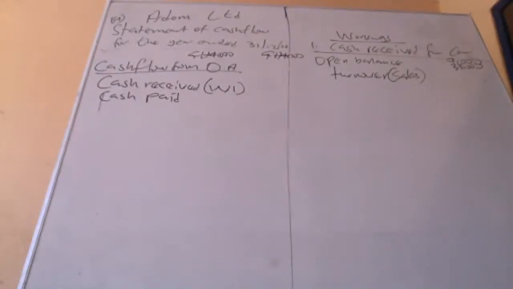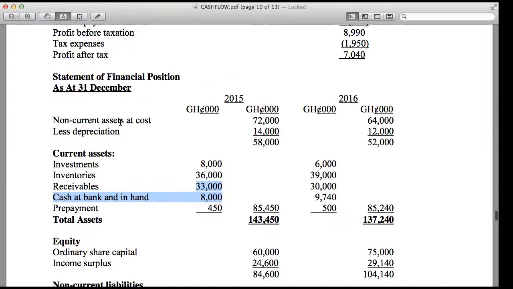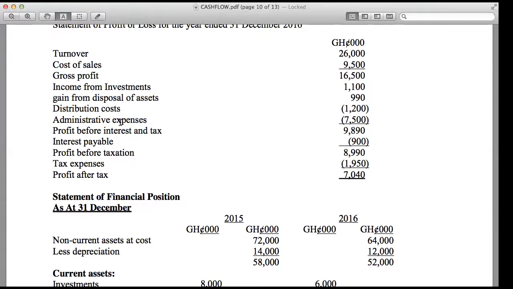The sales revenue from the profit and loss is 26,000.